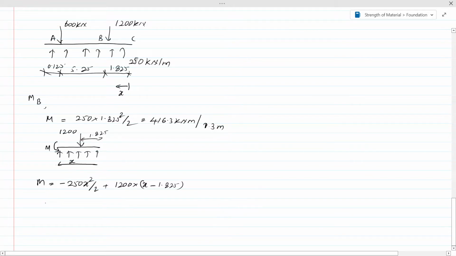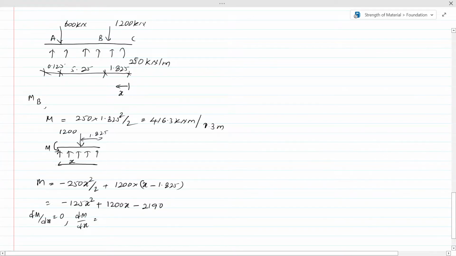From this we can write minus 125 x squared plus 1200 x minus 2190. For the maximum bending moment, dM over dx equal 0. We have to calculate the dM over dx.